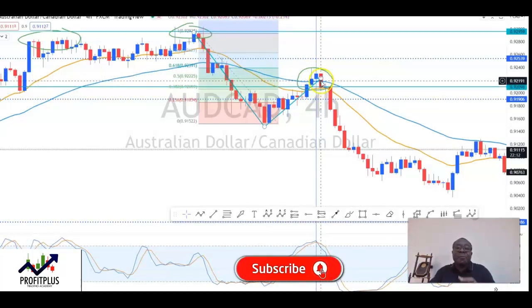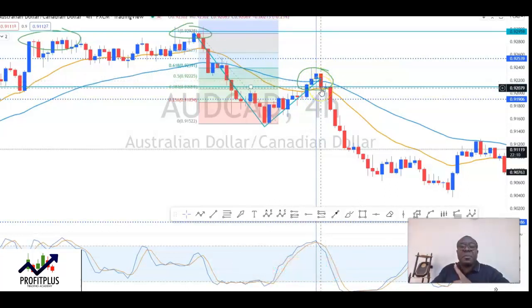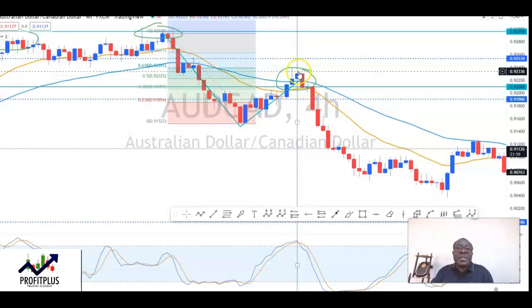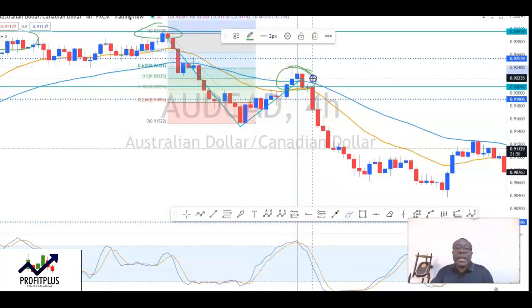Immediately after this first bear candle, most times there could be a retracement. You check the candle that is forming. You still be patient. You have seen this reversal sign, a bearish engulfing, which is telling you that the market will reverse from this point, and all these are confirmations.